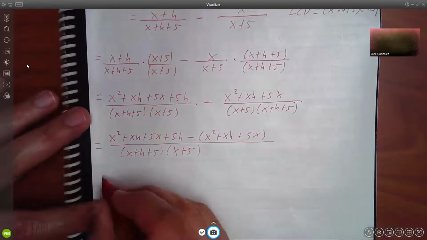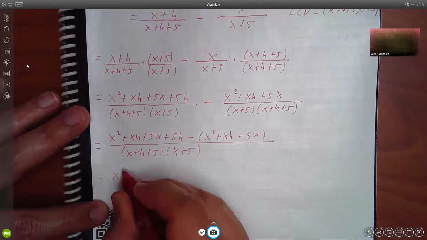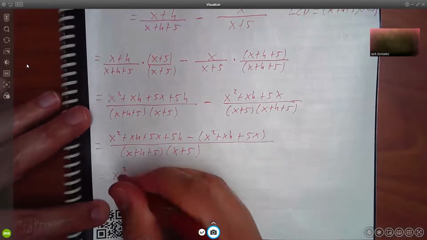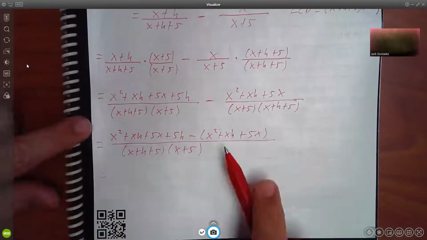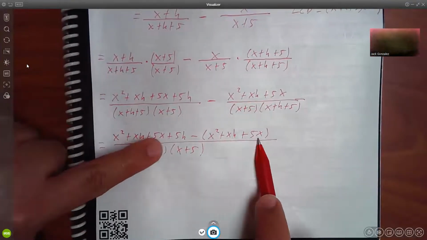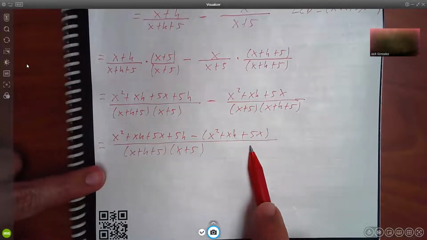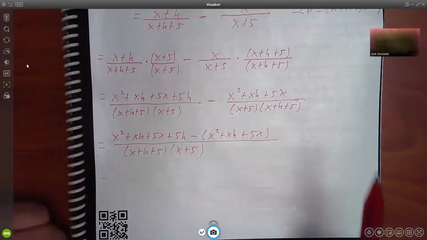Distribute your negatives, start canceling, and you should get a bunch of stuff to cancel out, right? Notice how x squares will cancel, right? Xh will cancel, 5x will cancel. Can we skip that step, or do you not see? Do you see it? It's going to cancel.